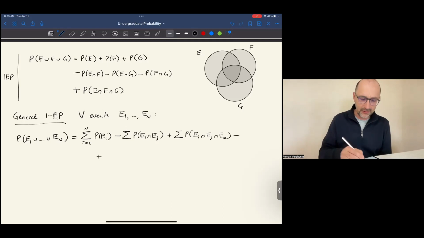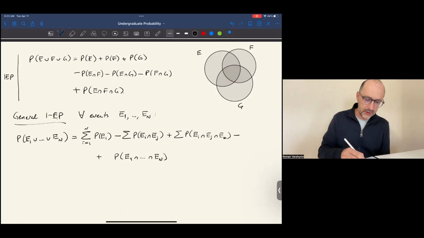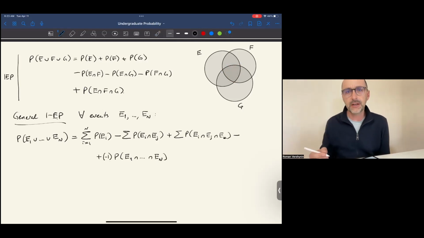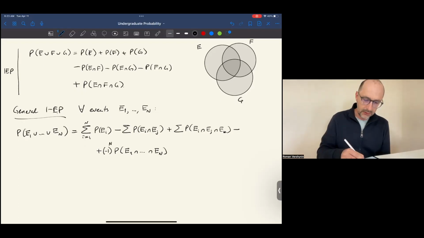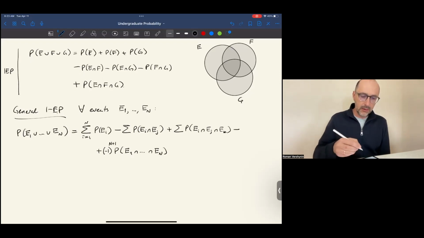At the very last step, we add or subtract the intersection of all of these events. We add or subtract it depending on whether n is an even number or odd number. It will be -1 to the power n plus 1. That picks the correct sign for this probability.